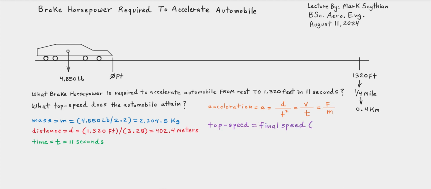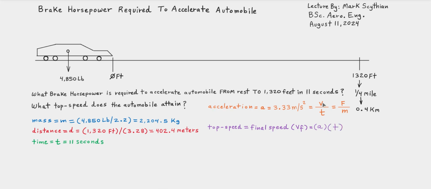The top speed, or final speed V sub f, is equal to the acceleration, which is the 402.4 meters, this is the 1320 feet or a quarter mile, divided into the acceleration time of 11 seconds, quantity squared. So this calculates to 3.33 meters per second squared.